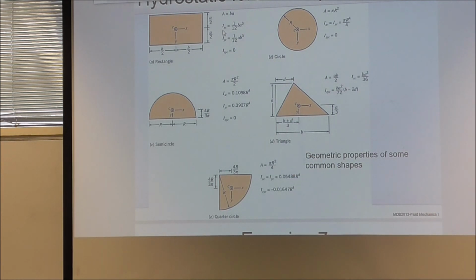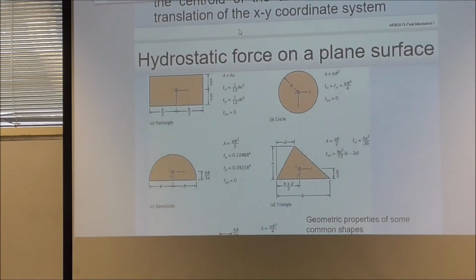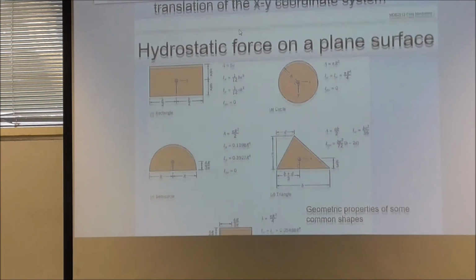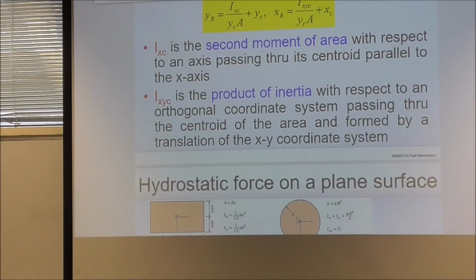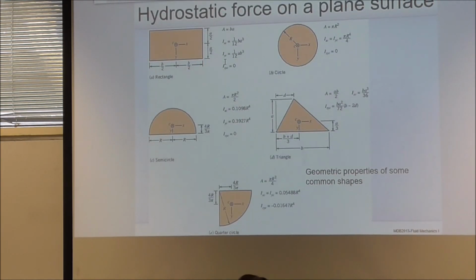IXC, the one that you're supposed to use, is BA to the power of 3. If you misplace it with AB to the power of 3, rather than IXC, you will get IYC. So be very careful when you define your second moment of area. Is that clear?